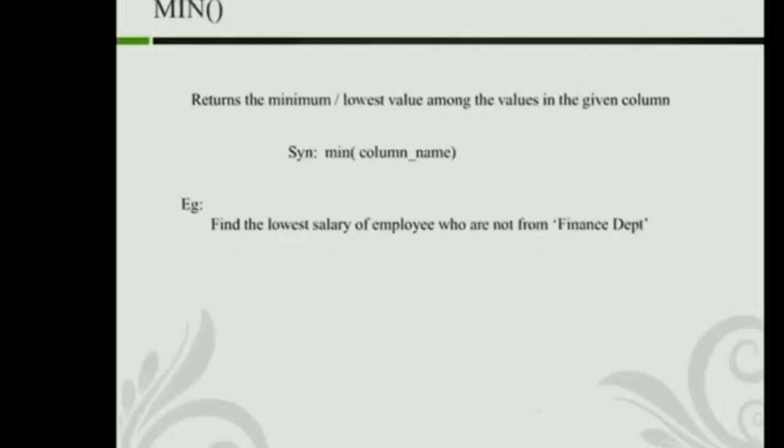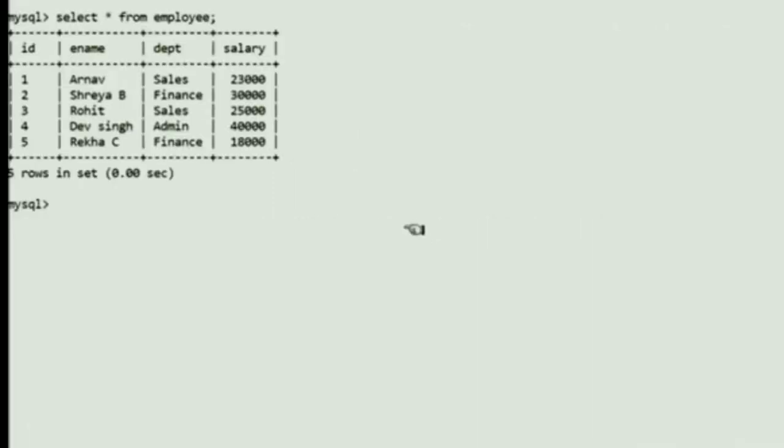Next is the MIN function. It returns the minimum or lowest value among the values in the given column. Syntax is MIN of column name. Example, find the lowest salary of employee who are not from finance department. So students, our example is to find the lowest salary of employee who are not from finance department.